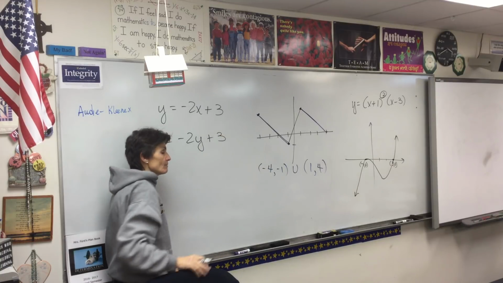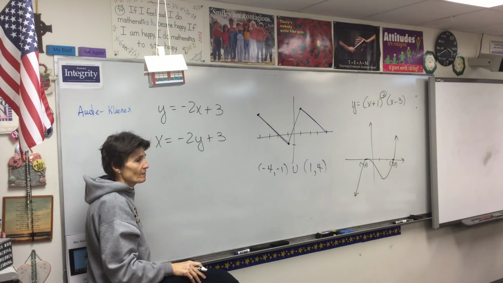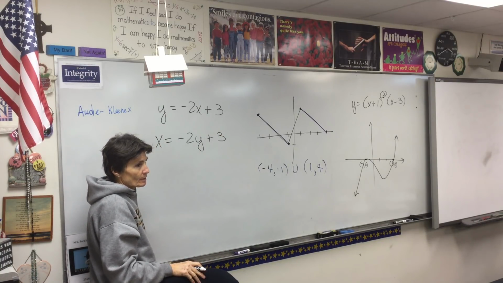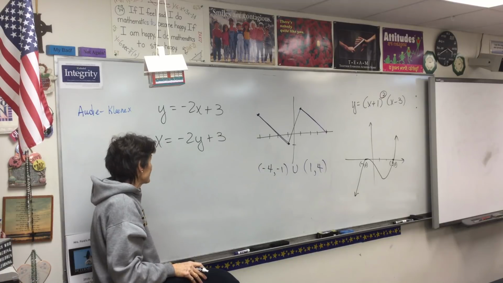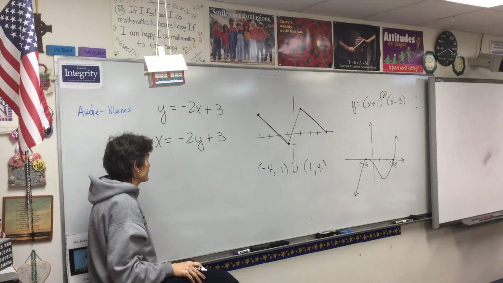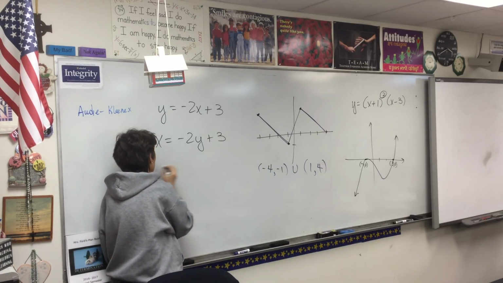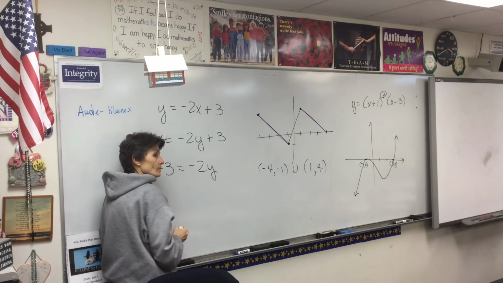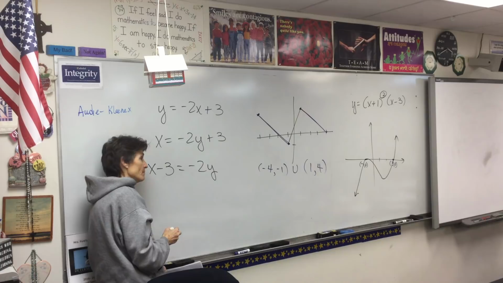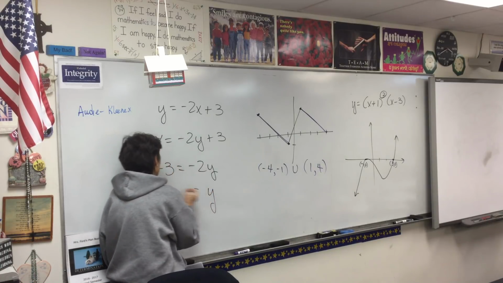To find the inverse, we switch the variables. Then what? And then we solve for y, get y by itself. So we'll start by moving the 3 over, right? And then divide by -2.